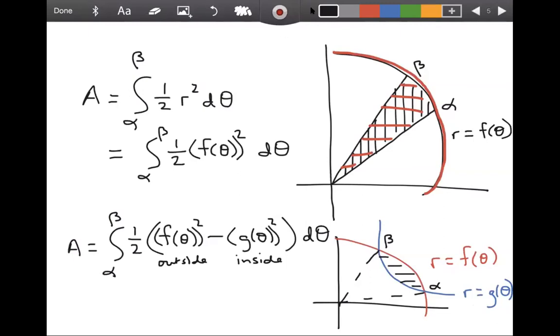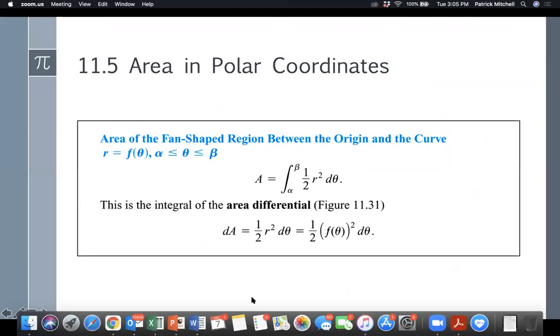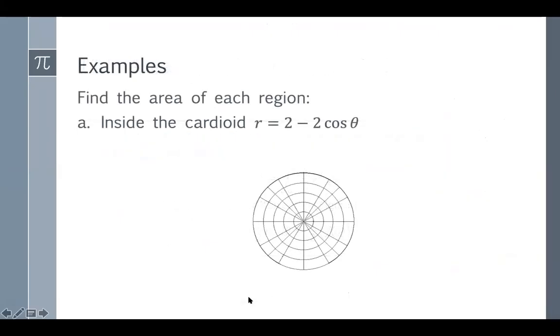All right, so let's go back briefly to the presentation. I'll show you the 2 examples I'm going to cover. So we're going to find the area of each region. The first region is going to be the region inside the cardioid, r equals 2 minus 2 cosine theta. And I want to point out, in case you forgot, that we graphed this cardioid earlier.